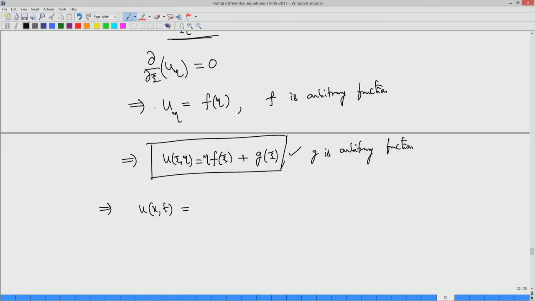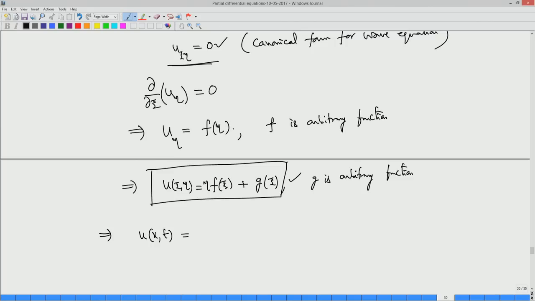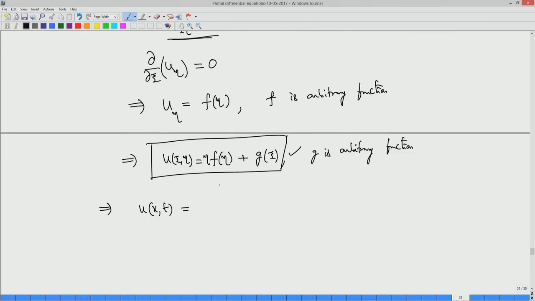If you differentiate with respect to ξ, then u_ξη will be 0, so your original equation is satisfied. So you have a function of η here, and this you can combine: the integral of f is another arbitrary function. You call this C1 of η plus C2 of ξ, where g is the same as C2.